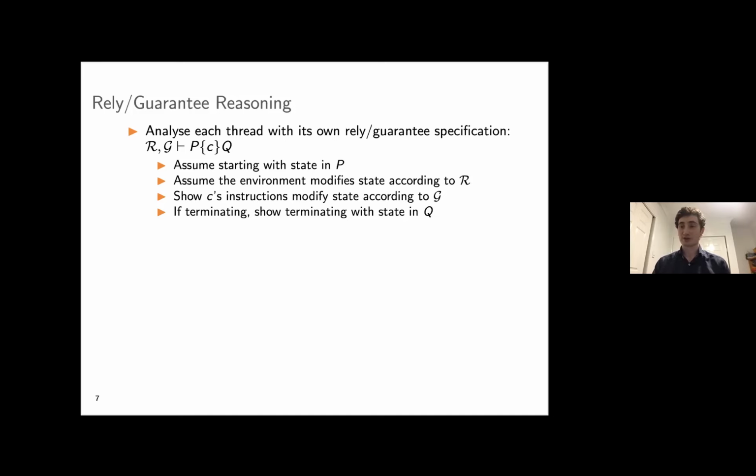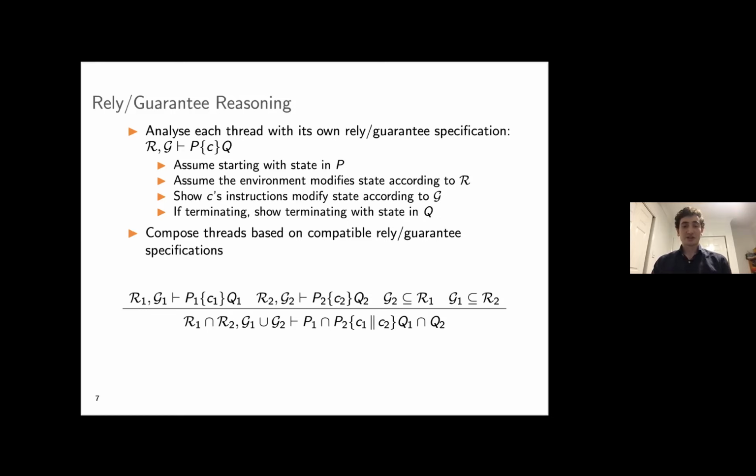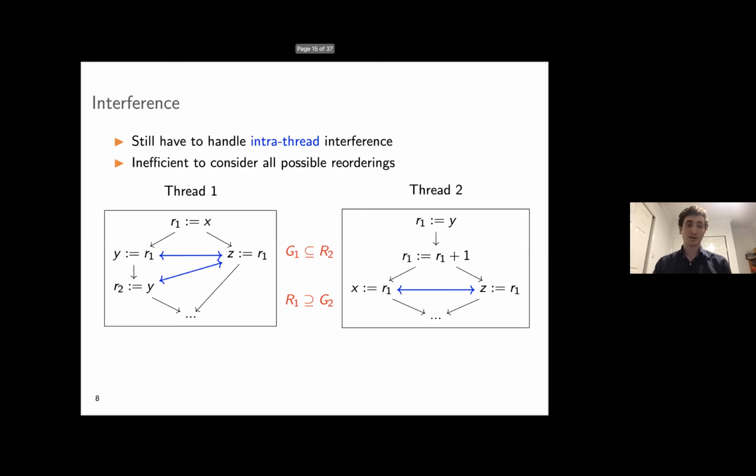And you can bolt on pre and post conditions similar to a standard Hoare logic. Once you establish these judgments over a series of threads, you can compose them to establish a judgment over the concurrent system, given that the guarantee satisfies the relies of the other threads. So if you know the guarantee satisfies the rely of another thread and vice versa, then they shouldn't interfere with each other's reasoning. And so that handles the inter-thread interference.